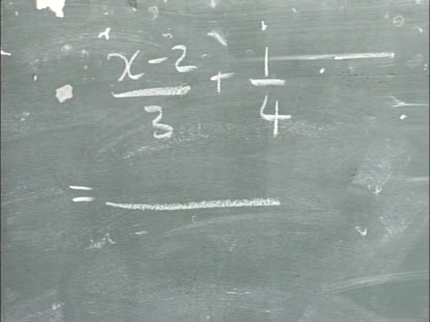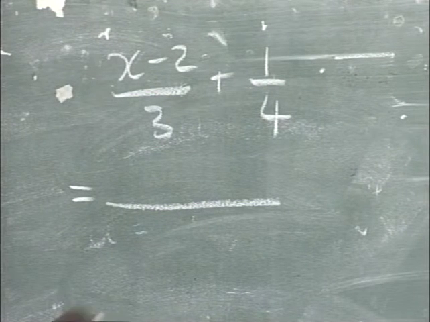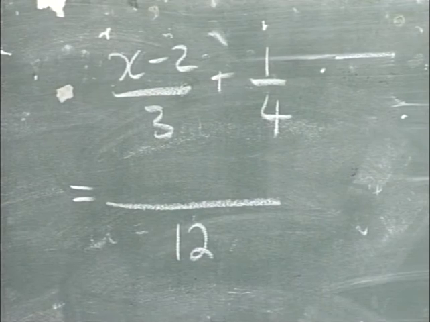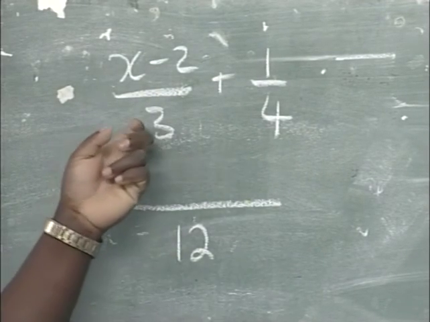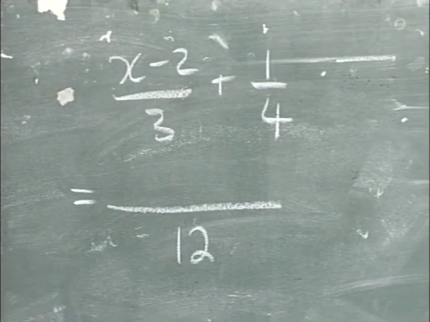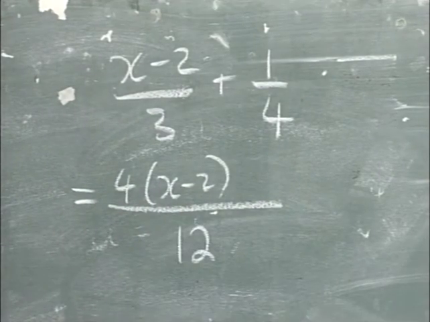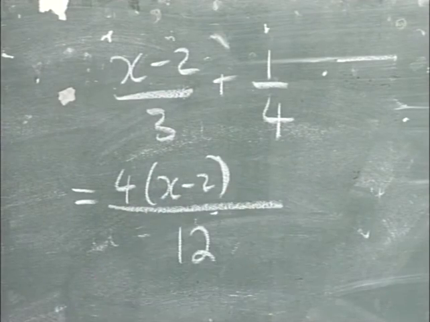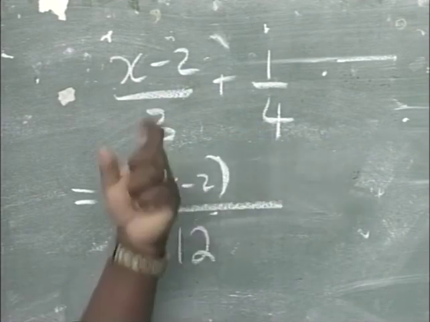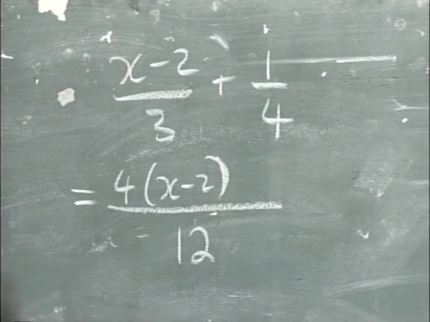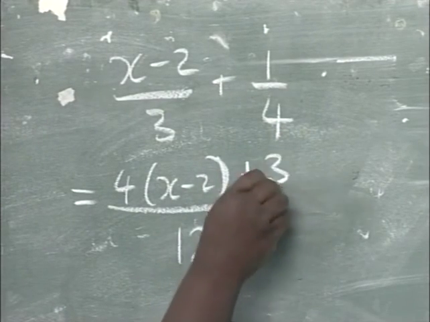Miriam, what is the lowest common multiple of 4 and 3? 12. Okay, then we divide. 12 divided by 3 is 4. 4 times x minus 2. And then we divide 12 by 4. 12 divided by 4 is 3. 3 times 1 is 3.